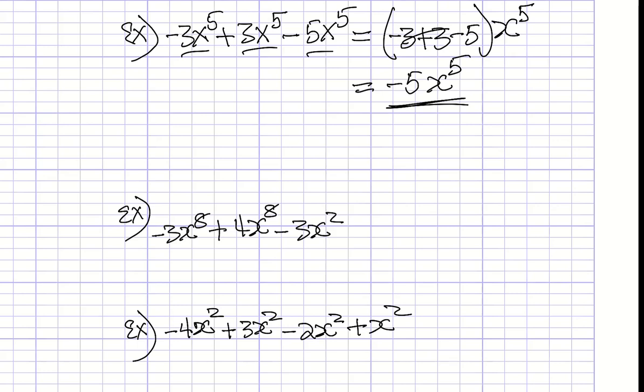Okay, look at that one. Eyeball it. First of all, we're dealing with one variable, right? But two exponents are the same, one is not the same. So that means you're gonna end up with 2 terms. You see there, right? So you do it like this: minus 3 plus 4, x raised to the power 8, plus minus 3x raised to the power 2.